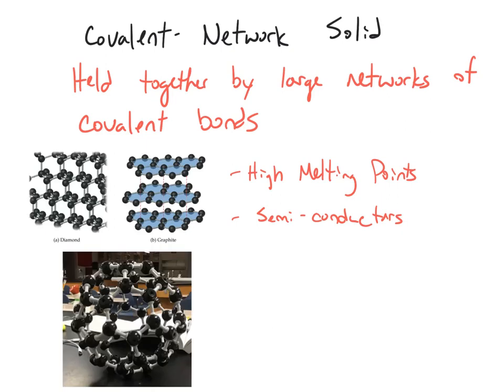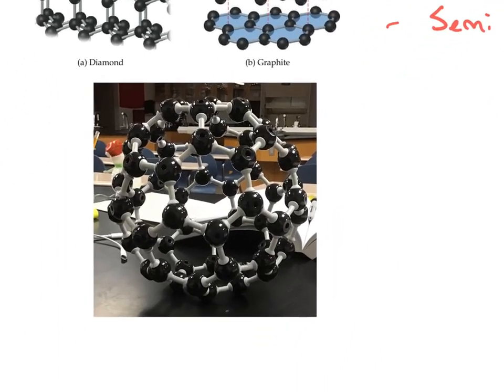The last semiconductor and covalent network solid that I want to show you is actually this neat little one that I have a model of, and so I took a picture of it and showed it here. This is what is known as a buckyball, which is a form of carbon, and as you can see, instead of having a crystalline solid that repeats time and time again like diamond, you get an actual finite molecule. It's actually Buckminsterfullerene, a synthetically produced carbon compound developed, I think, by University of Wisconsin, which is why it's got the name Bucky, but I can't be sure about that.